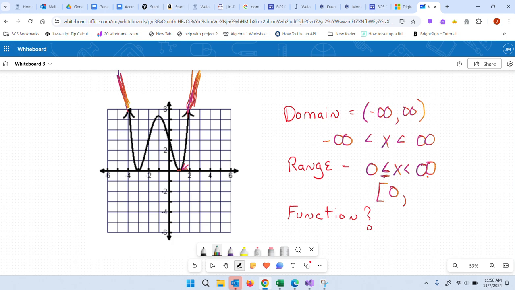There's no way it can ever be equal to infinity. So that one's going to be a round side. Is it a function? Yes. It never touches twice anywhere along this line. So yes, it is a function.